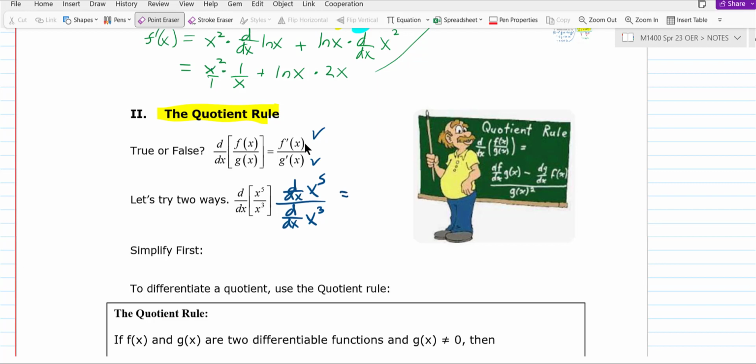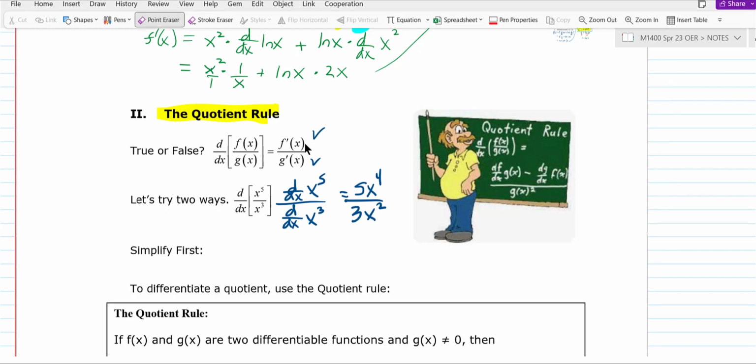Okay, so I can tell everybody's pretty sharp on the power rule now, at least at this kind of problem. So that's 5x to the 4th. That's 3x to the 2nd. Okay, what does that simplify to in your head? What's x to the 4th over x to the 2nd? X to the 2nd, right.